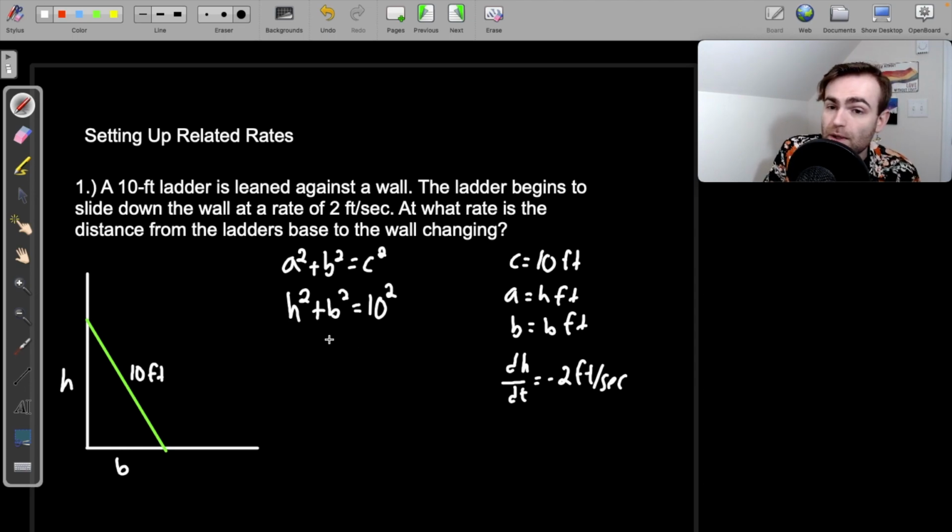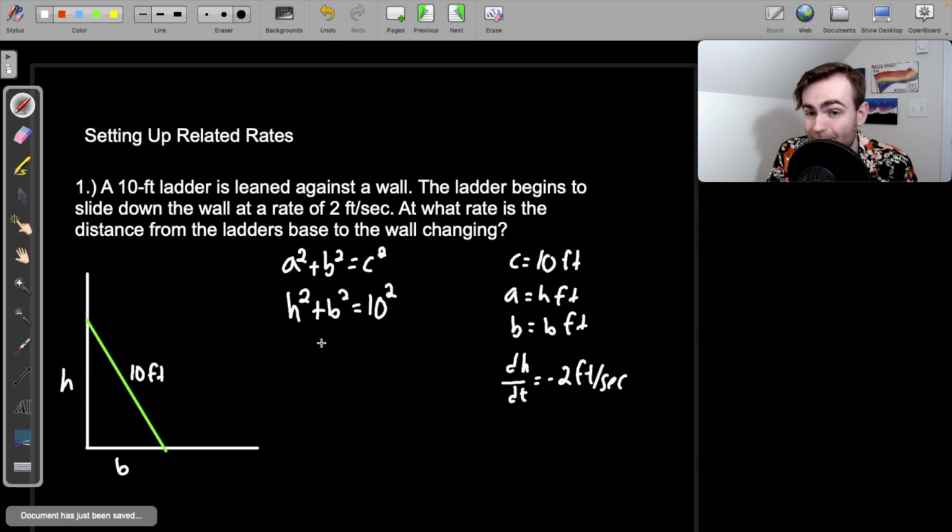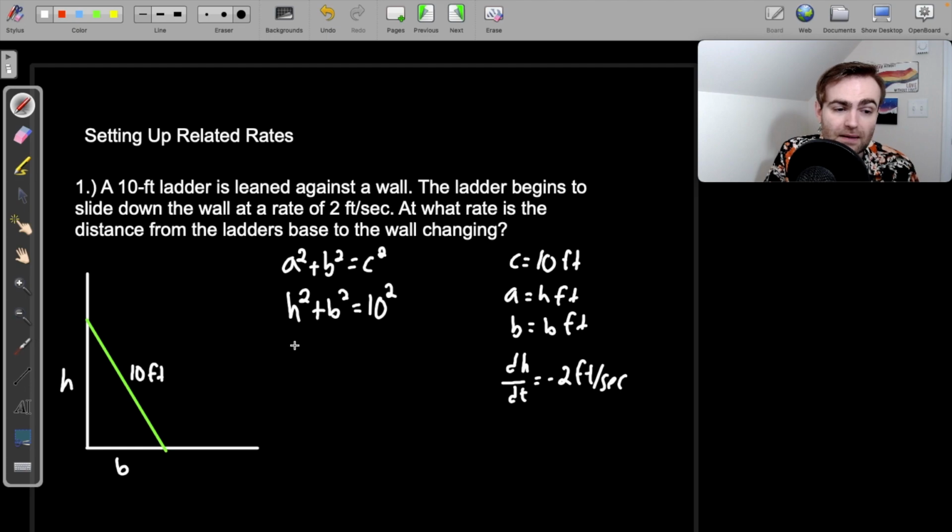So now that we have an equation and we've got it set up where we need it to be, we're going to differentiate it with respect to time. So we're going to implicitly differentiate everything with respect to time. So the derivative of h squared would be 2h dh/dt plus, that would be 2b db/dt equals the derivative of a constant is 0.